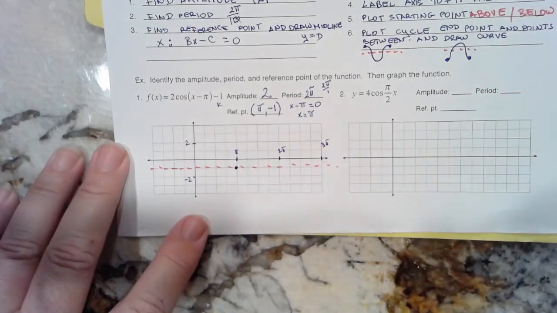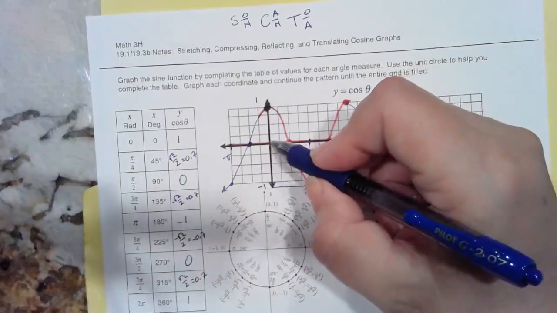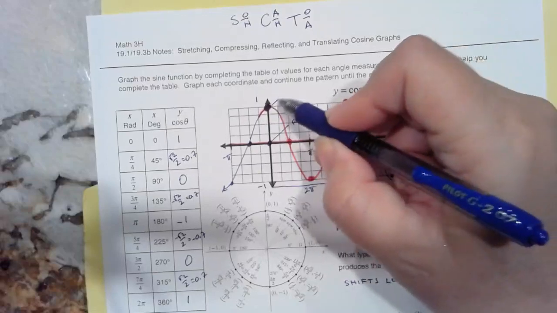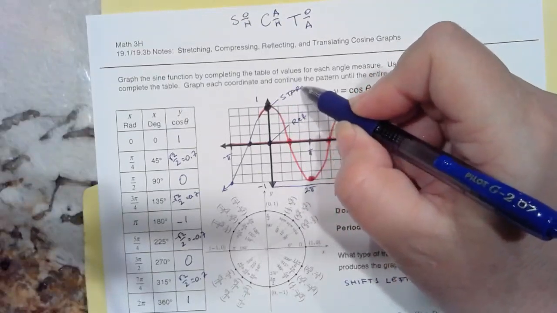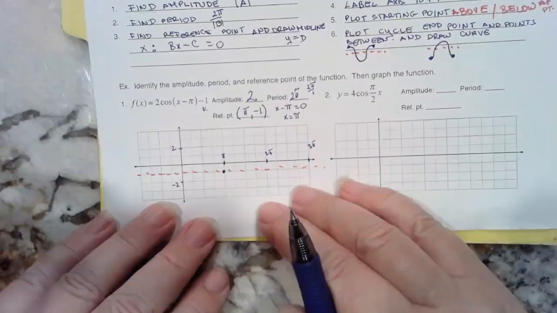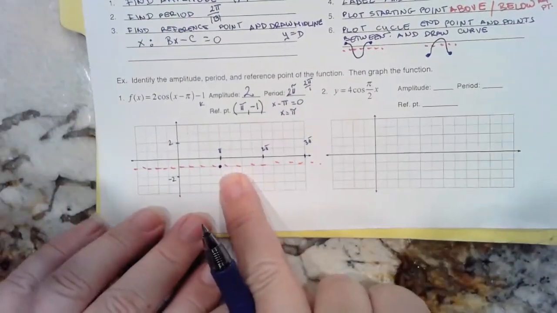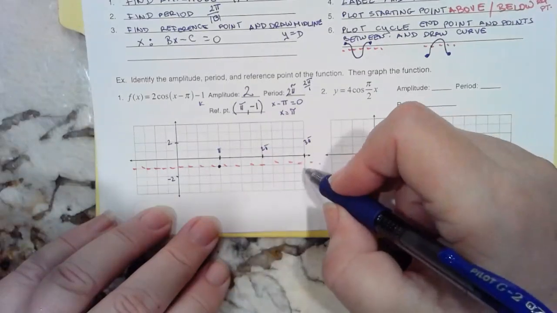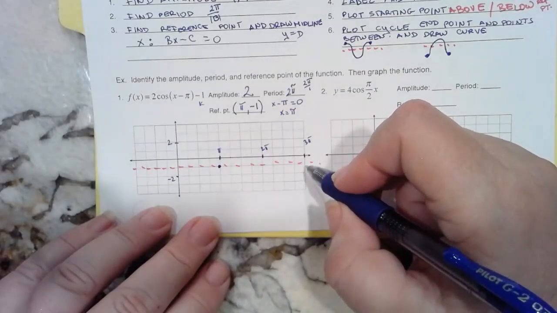Now remember, the reference point is not your starting point. Let's go back to our graph. This is your reference point, and this is your start. Notice the difference, okay? So first thing, I'm going to label the period.